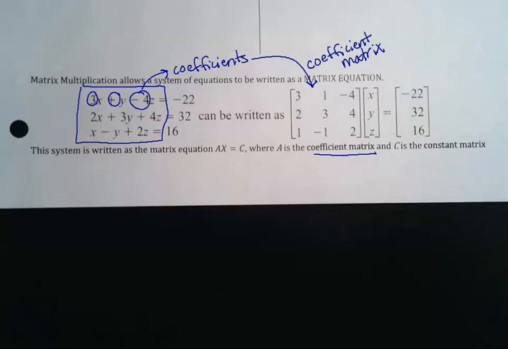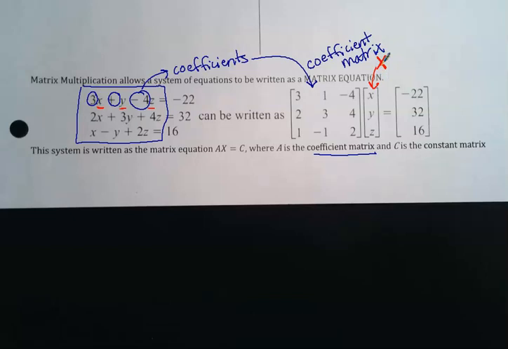Then our x, y, and z, they were all in the same order, and they need to be, because we're bringing those in here, and we're putting them here in a column, x, y, and z. This is called X. It's our unknown. When we've solved this before, we've had a matrix equation with an x in there.